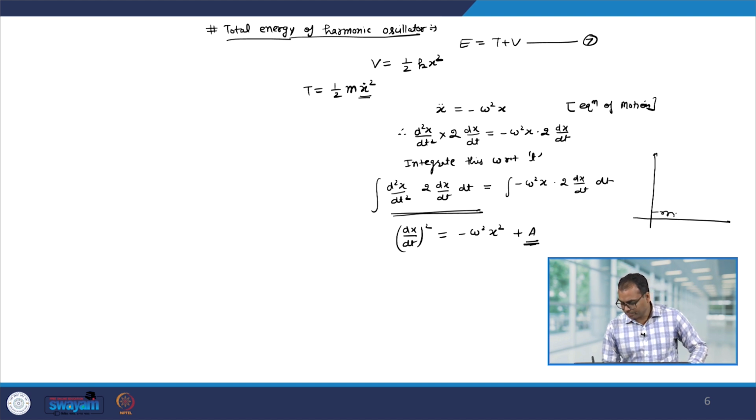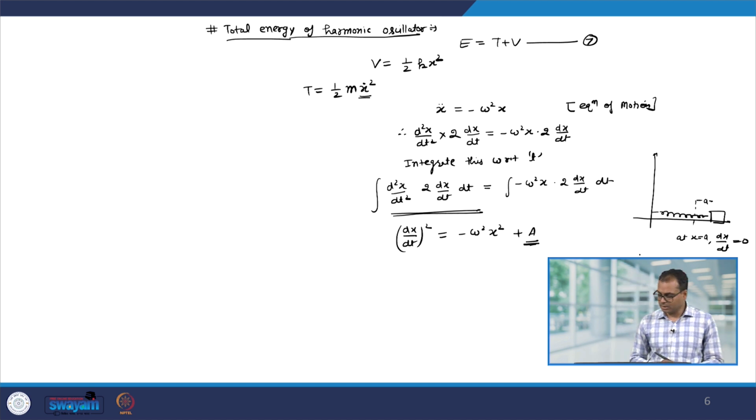So, let us say we have this spring mass system and when the spring is stretched by an amount a, in that case the velocity becomes 0. Okay. So, let us say at x equal to a, dx by dt, which is the velocity, is equal to 0.